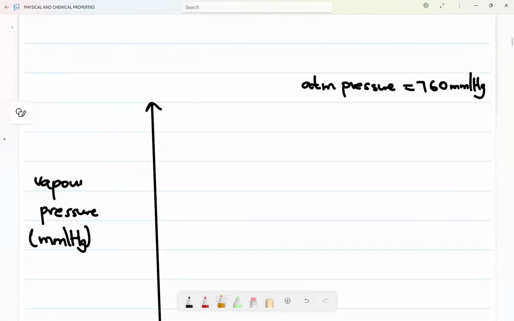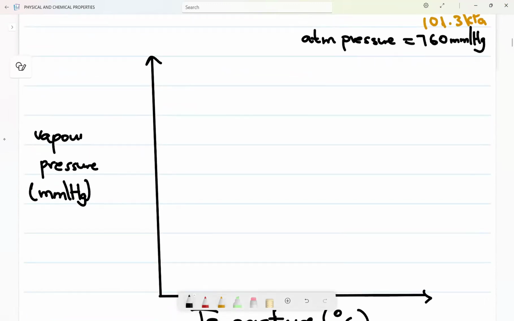Okay, the graph can either be at atmospheric pressure, which is equal to 760, or 101.3 kPa, depending on what we are using. Let's put 760 here.